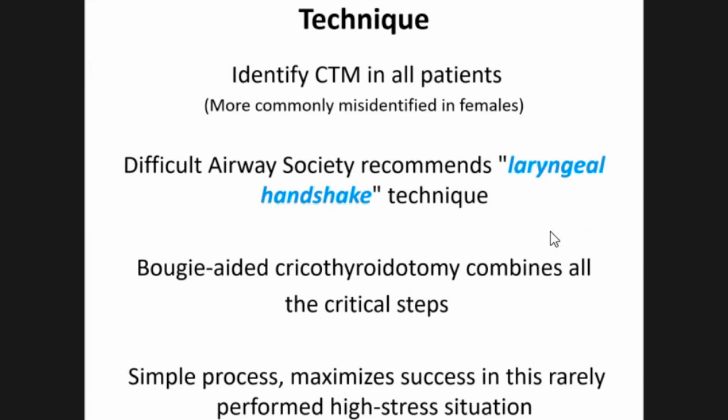The same thing: identifying the CTM in all patients. This can be more difficult in females because of more fat and a short neck. There is something called the laryngeal handshake technique, which I'll be discussing next.